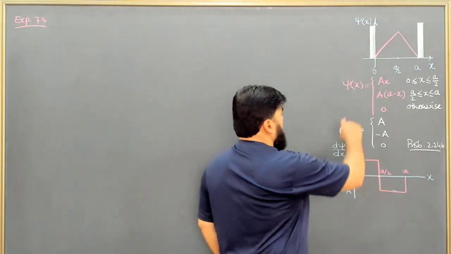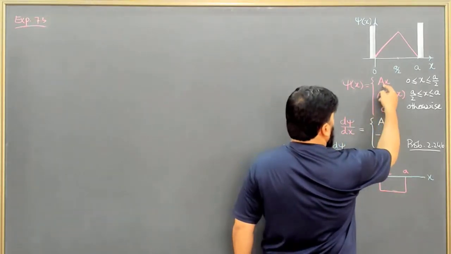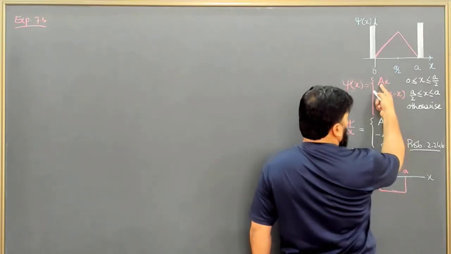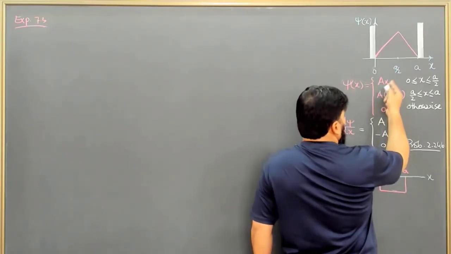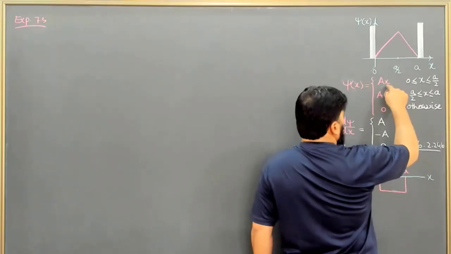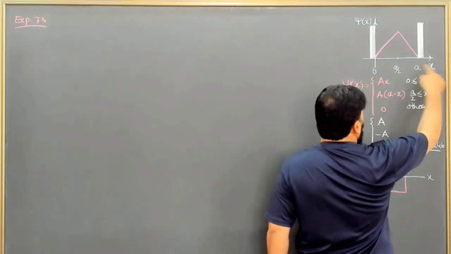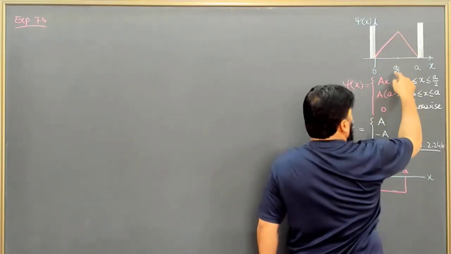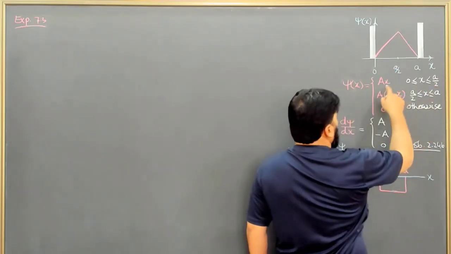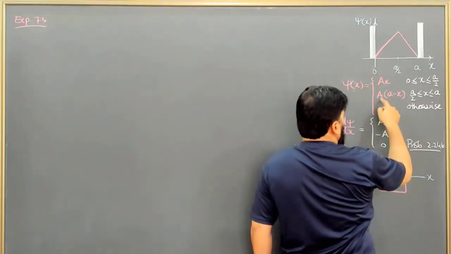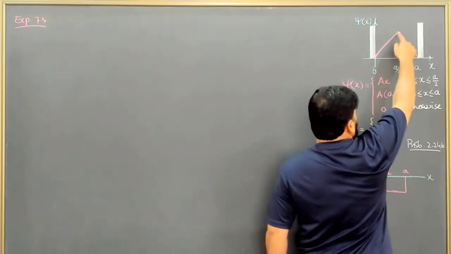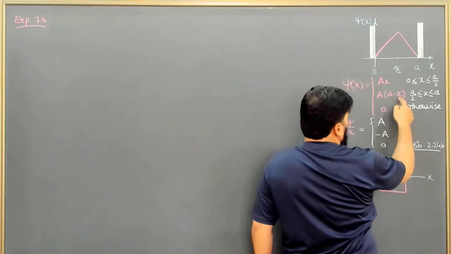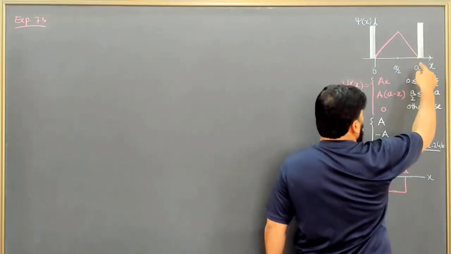So we are having psi of x equal to Ax, like it is increasing linearly, A being the normalization constant, x being the variable along x. It increases till a/2, and then the next part of the wave function is decreasing, because as x grows till a, at x equal to a it will be 0.